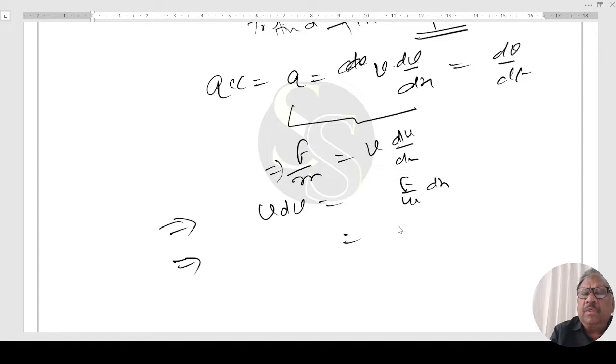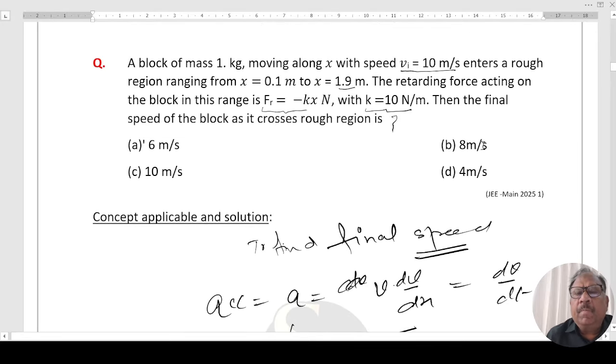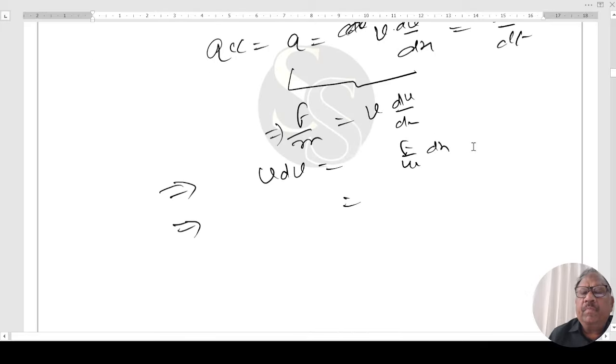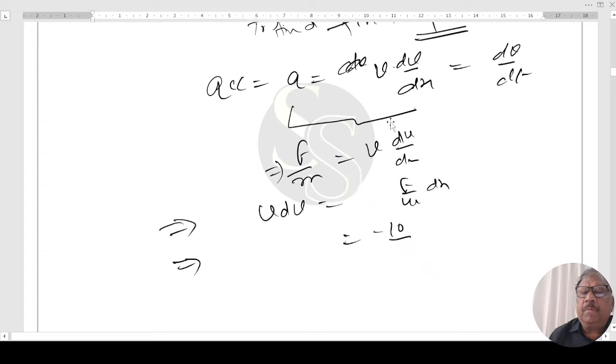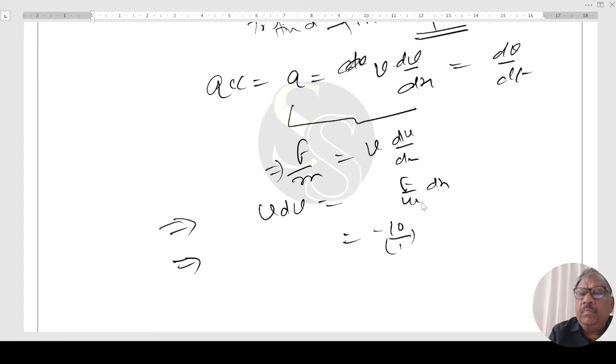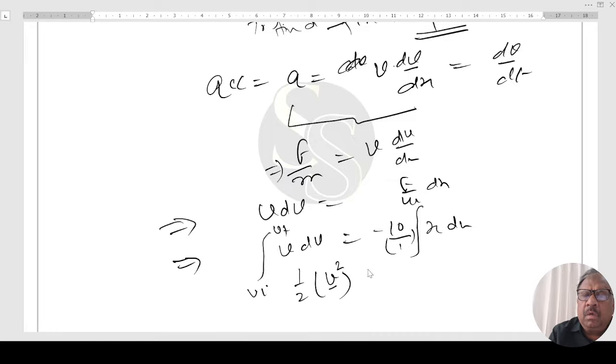v dv, that is f is given as minus kx, that is minus 10x, divided by mass, which is 1 kg, into dx. Integrating v dv from vi to vf, 1 by 2 v square from vi to vf, that is equal to minus 10 times integral of x dx.